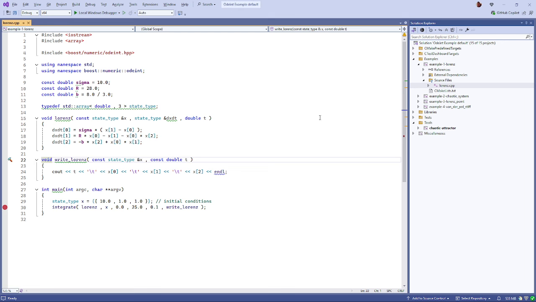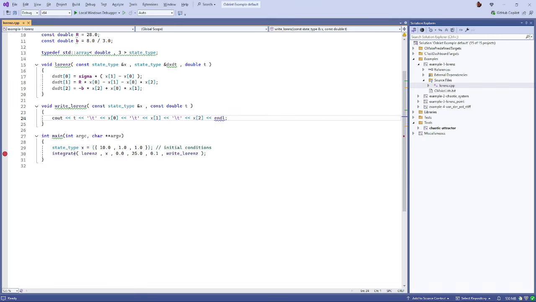And here they've just written a little function to write out the state at a time t. And this is the initial conditions. So we remember when we call this integrate function, we're going to pass it the functor, the function that computes the derivative, the initial state, the starting time value, the ending time value, and the delta t increment between steps.